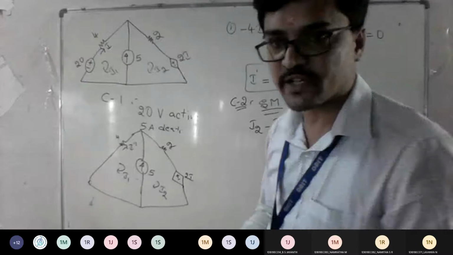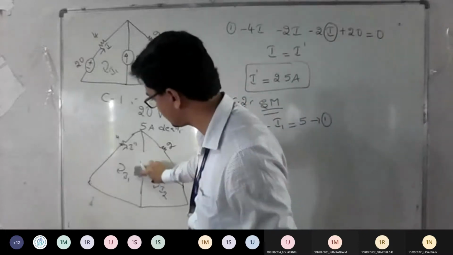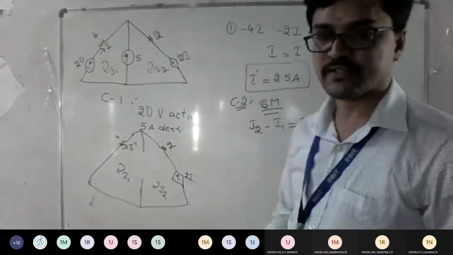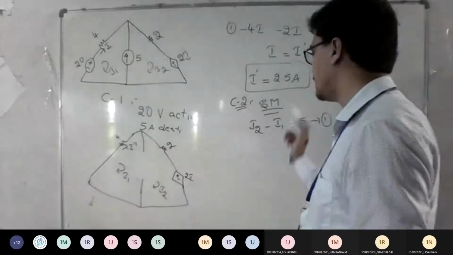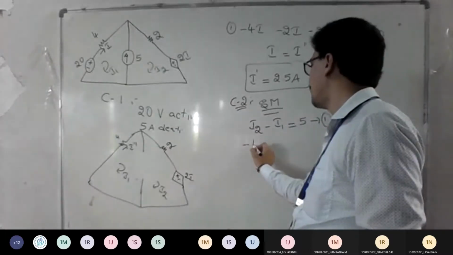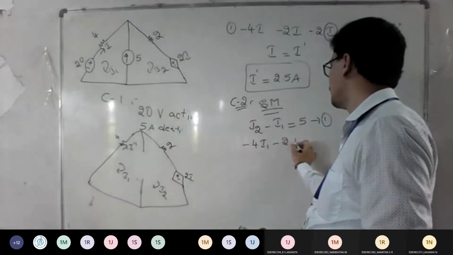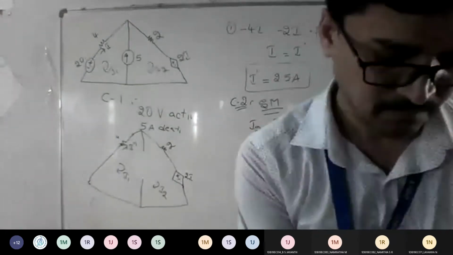Once you write the first equation, you're going to eliminate this, right? Then stick with the procedure. So minus 4 I1 minus 2.